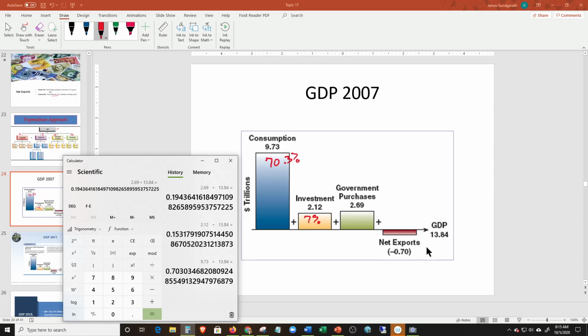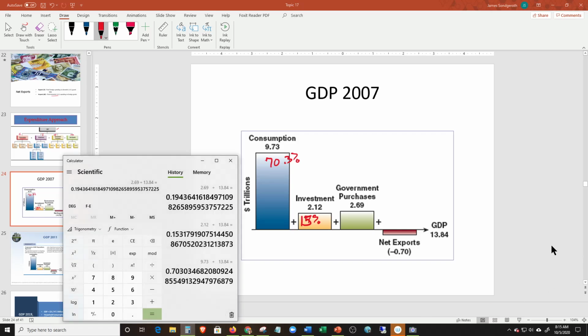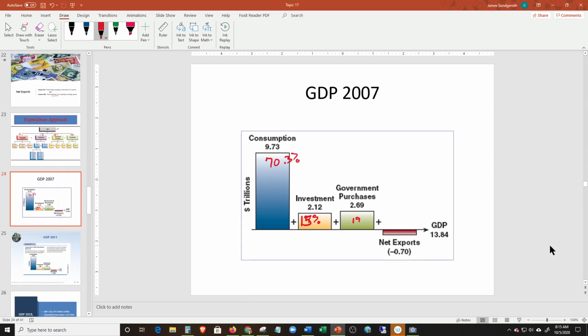Did I get that second one right? It doesn't seem correct. Oh, it's 15%. Sorry about that. I'm just going to make this into a 15%, okay? 15.3%. And then this is 19.4% of GDP. Yeah, I guess that adds up to 100%, actually 104%.